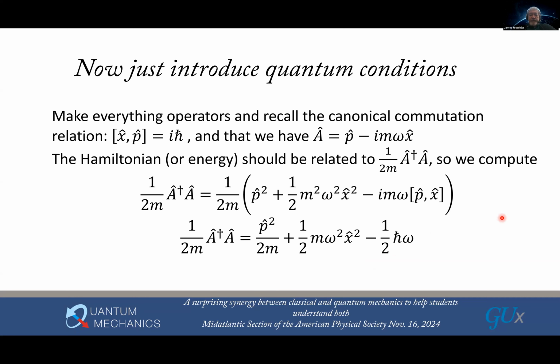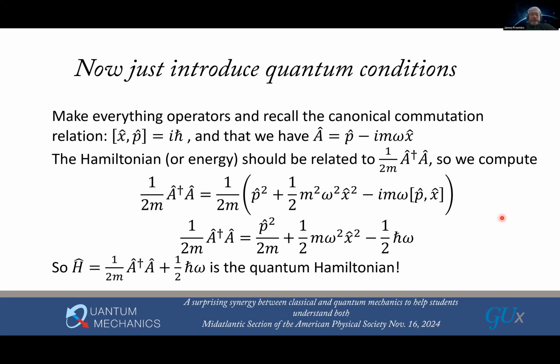So this form of working with this A object has this natural connection to quantum mechanics, and you can derive the quantum Hamiltonian in the same form as the classical Hamiltonian with a quantum correction, which in this case is the 1/2 h bar omega, and it's a constant.